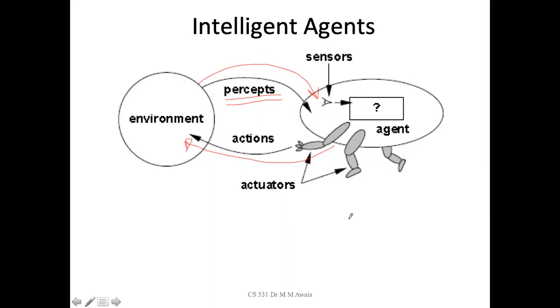The behavior of the environment is incorporated in the brain. So you see a box here with a question mark. This is primarily where the conversion of percepts to actions takes place. So the behavior comes here. The behavior could be, say, a reflex behavior. Reflex means that there is no modeling involved, or no detailed conversion involved.